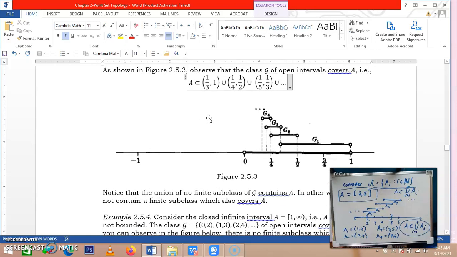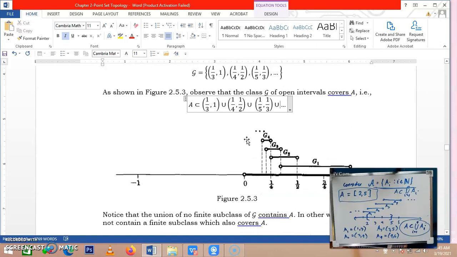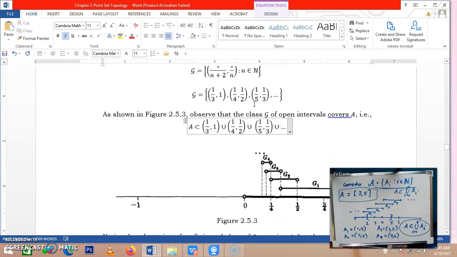But can we get the finite subclass? Notice that we have here the class of sets, and the class of sets, ni-approach siya dito sa 0. Paada lang siya. And notice that the intervals approach 0.